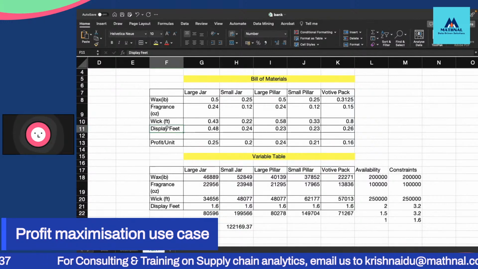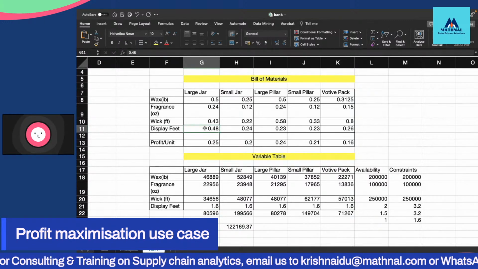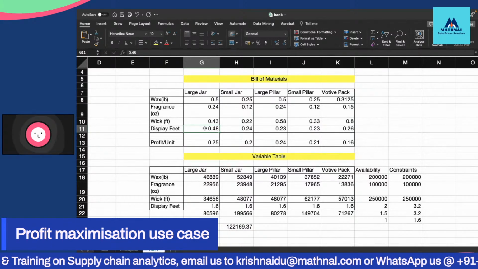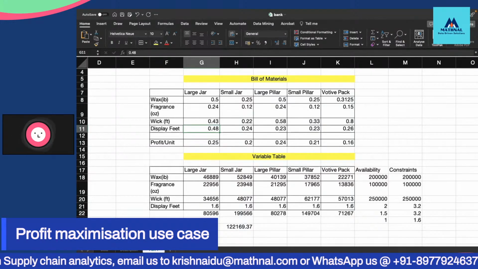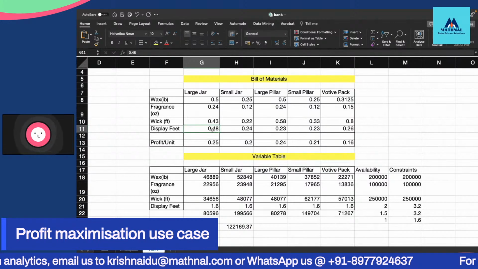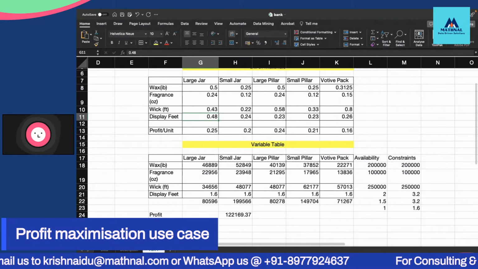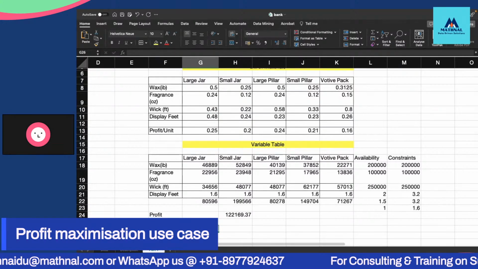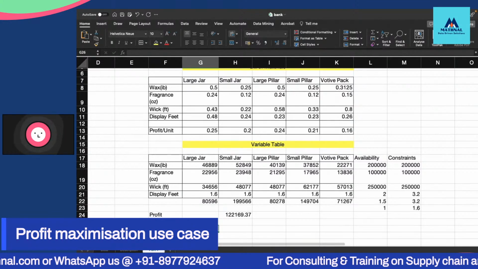Display feet is going to be measured by 0.48 for one jar. So there are 8,500 stores.